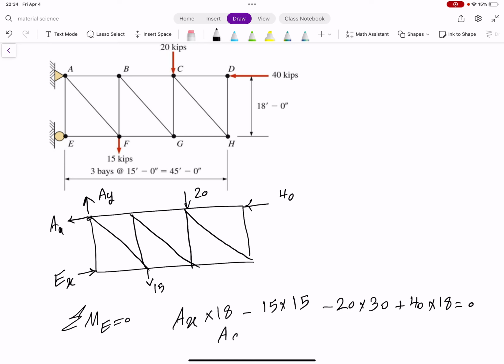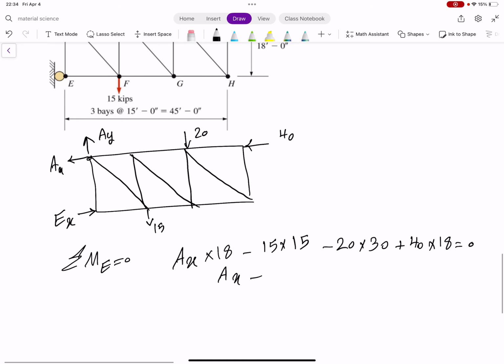When you solve this, you should get 5.83 K. This is my AX, and then I can use sum of FX equals 0 to find EX, right?